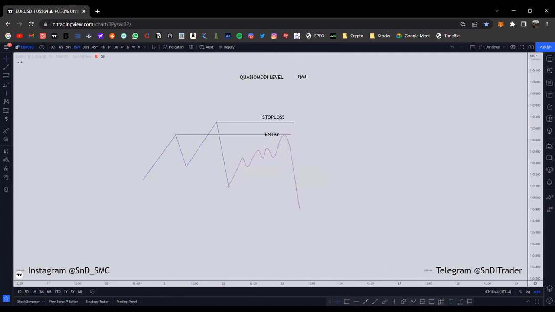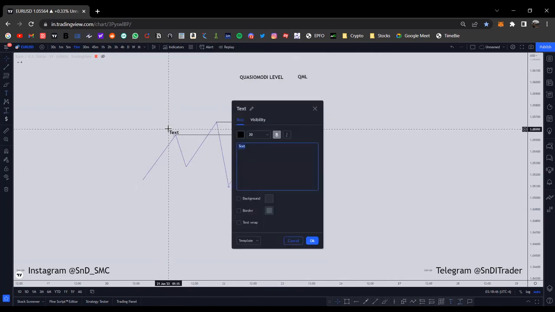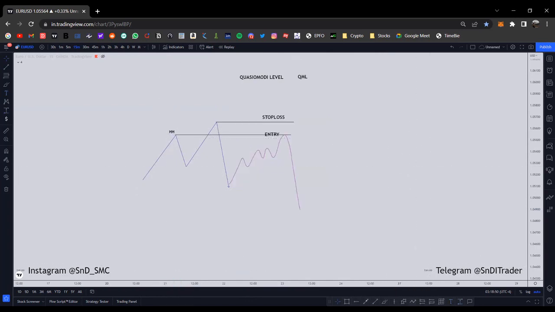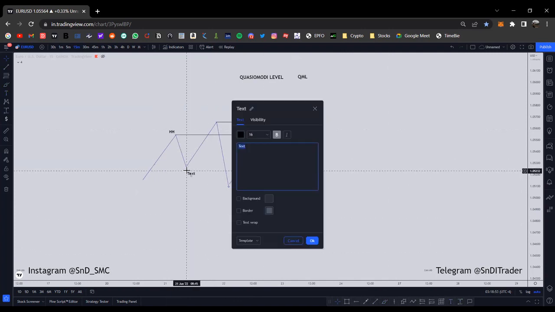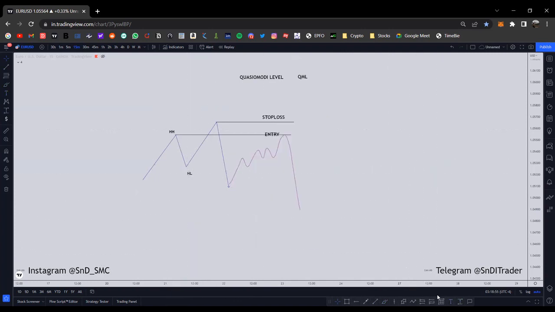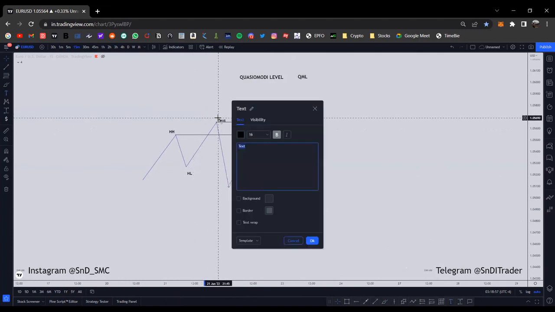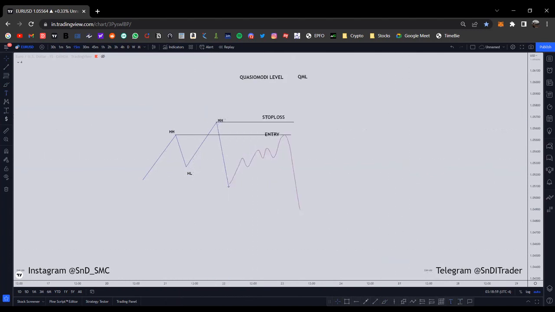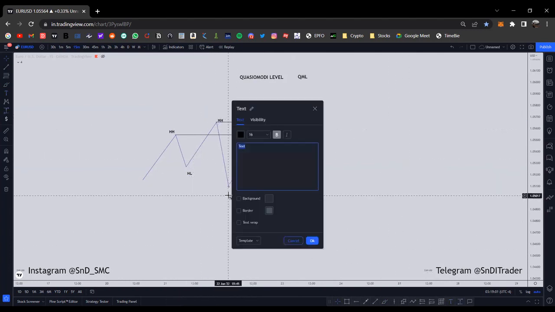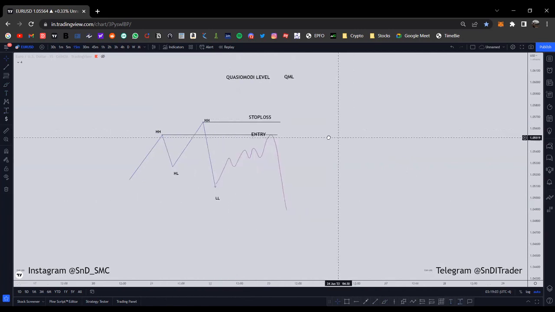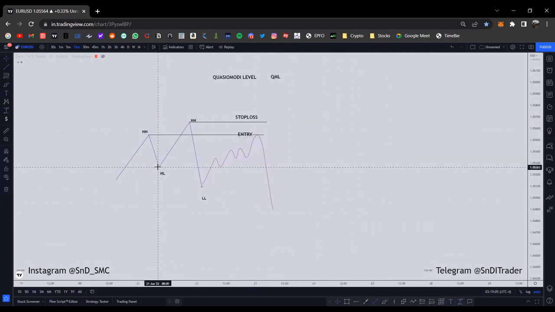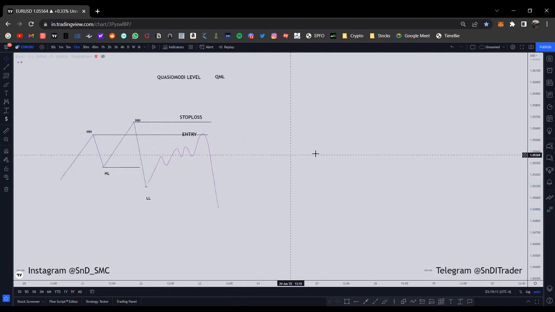So we have a formation of a higher high, a higher low, and another higher high, and another lower low. After breaking this lower low, higher low, we can now determine, yeah, this is QML.